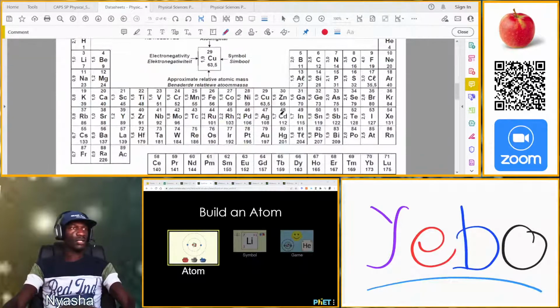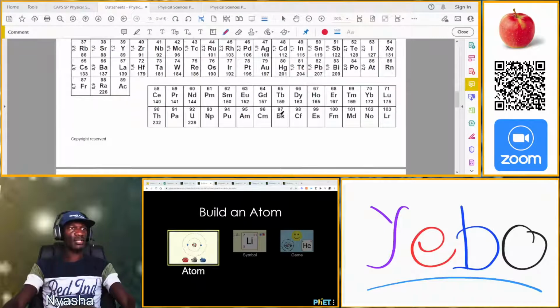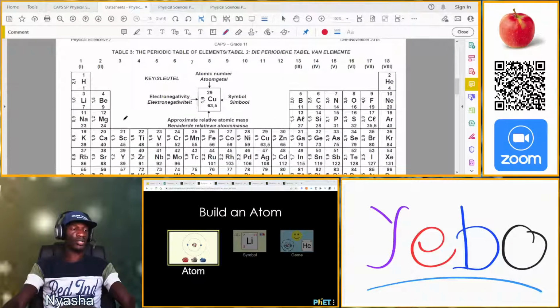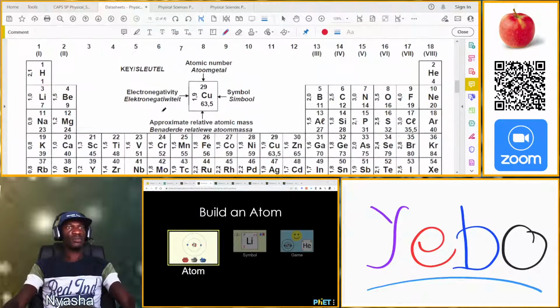Then we will scroll down to see, let's say, trends. When you study certain topics, for example, you're looking at electronegativity, you will notice that your electronegativity increases. So electronegativity increases as you approach elements that are positioned on the rightmost part of the periodic table.